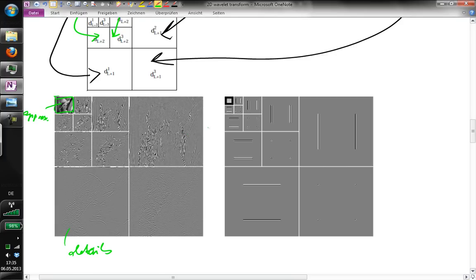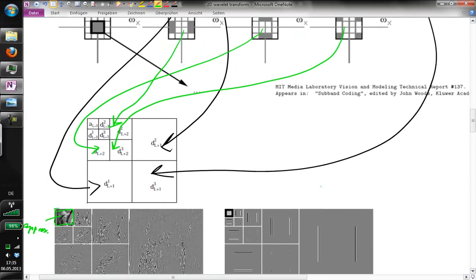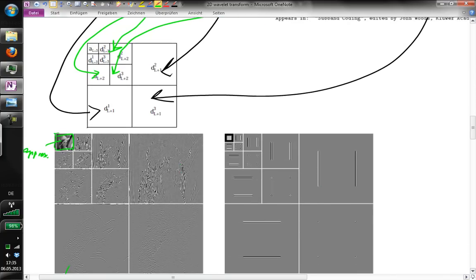On the right-hand side are the horizontal details. So you mostly see an edge, where, let's say, a face ends. Here are the vertical details. So you see where a shoulder, for example, starts. There are the details at the next higher level. Again, the horizontal parts and the vertical parts and so on.